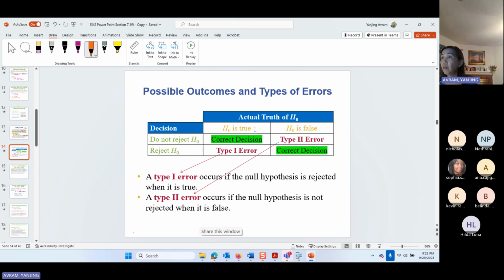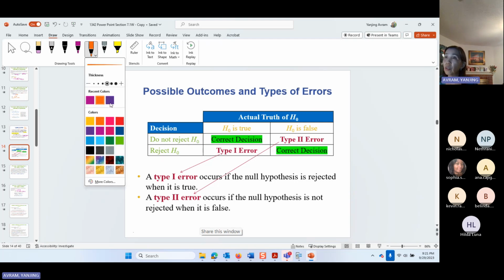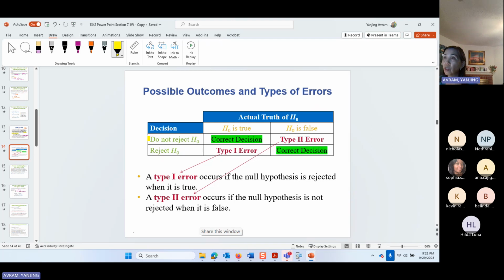And if the null hypothesis is true, you accept it. But the problem is in statistics, we don't want to use the word accept. We say do not reject or fail to reject. When the null hypothesis is true and you do not reject it, that's the correct decision.